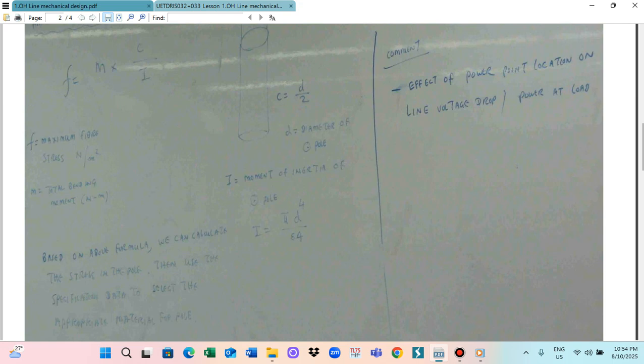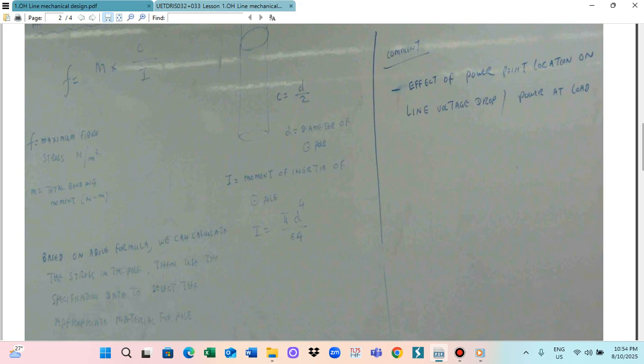Then we use the specification data to select the appropriate pole. So based on the above formula, we can calculate the stress on the pole, then use the specification data to select the appropriate material for the pole.